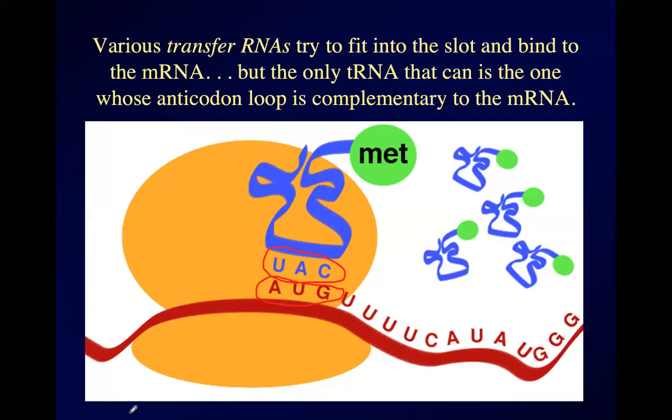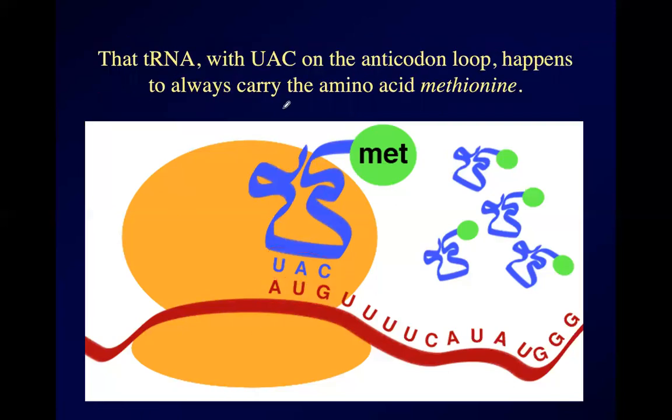Why does that matter? Thanks to some enzymes called aminoacyl-tRNA synthetases that take care of this, the only transfer RNAs that have UAC on the anticodon loop are the ones that carry an amino acid called methionine. So if it has UAC right here, it has methionine right there.